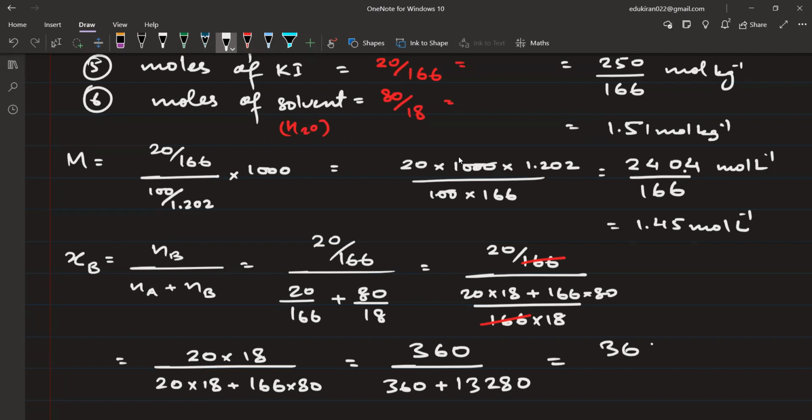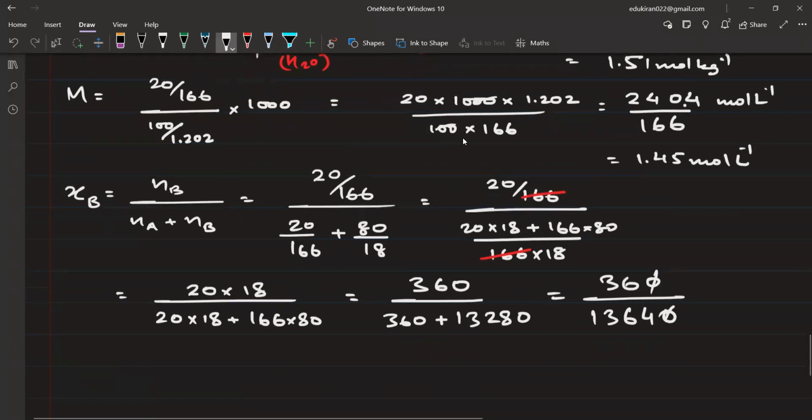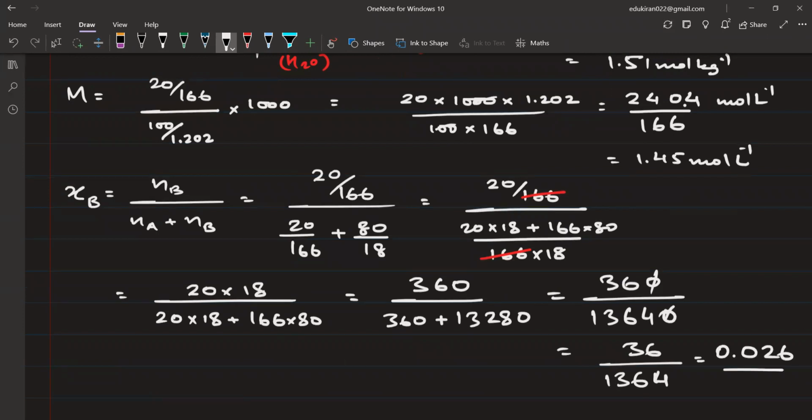This will be 360 divided by 13640. So 36 upon 13640 is going to be a very small value. It's coming out to be 0.026.